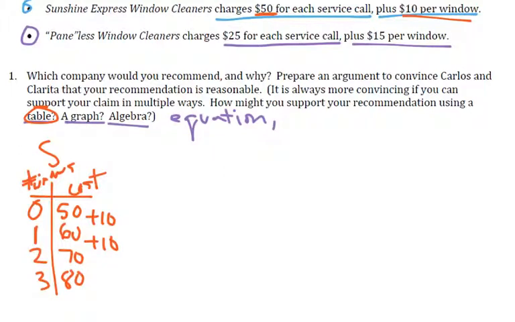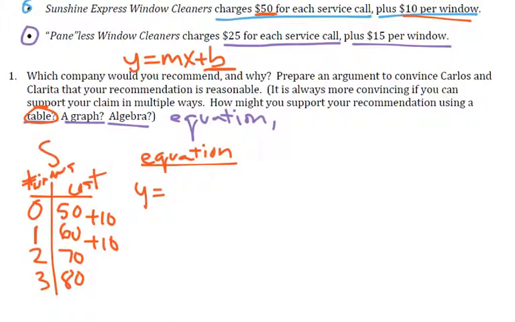So to make an equation, we can use the slope-intercept form because that's a great one in this situation. Because that stands for our starting number, so our equation for Sunshine would be y equals, well, we start at 50, right? And what are we doing to 50? We're adding $10 each time. Now, how many times are we going to keep adding $10?